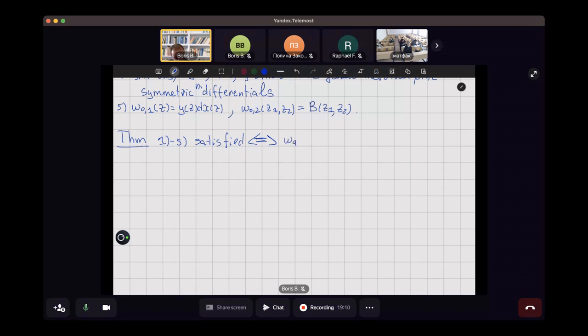So omega g,n satisfy TR. What does it mean to satisfy TR? It means that we have this huge formula in residues.